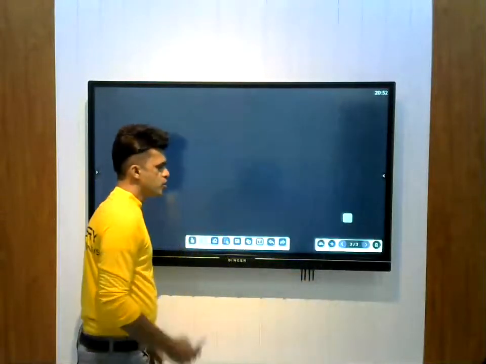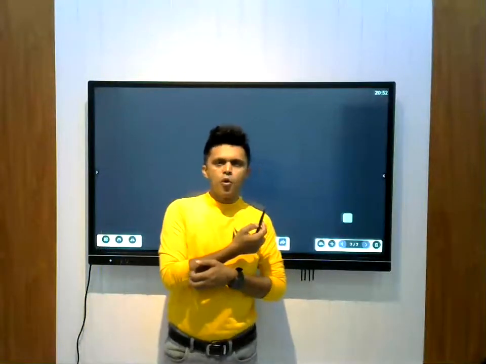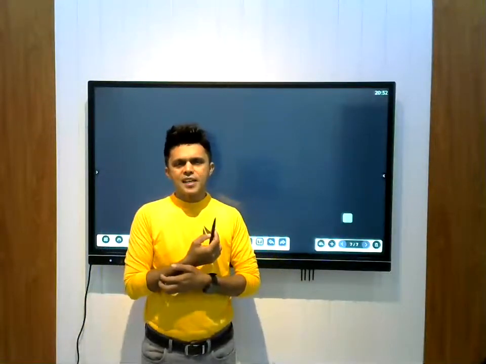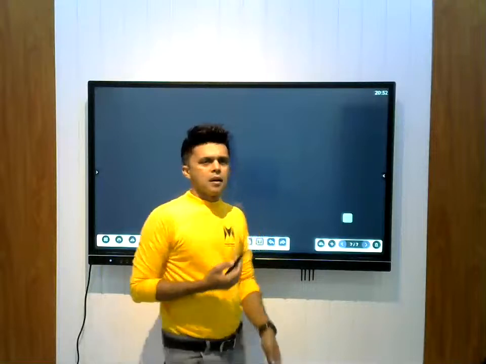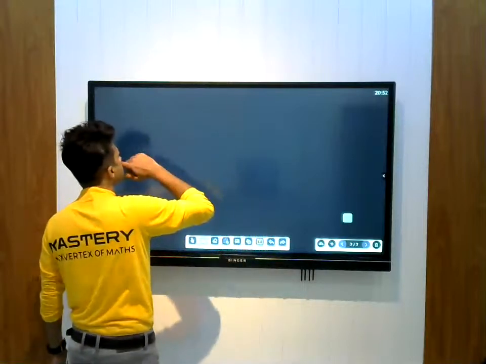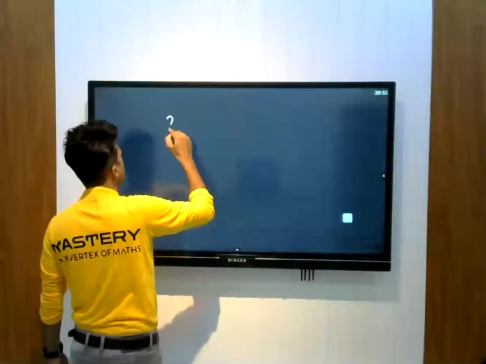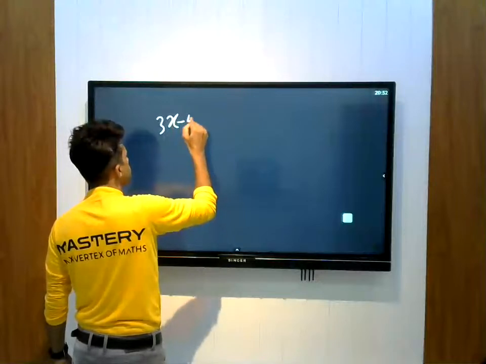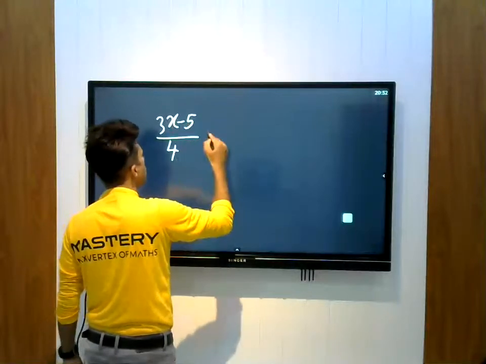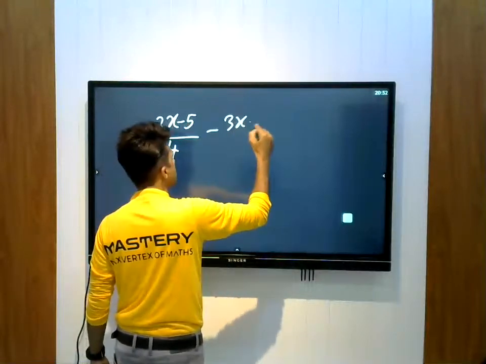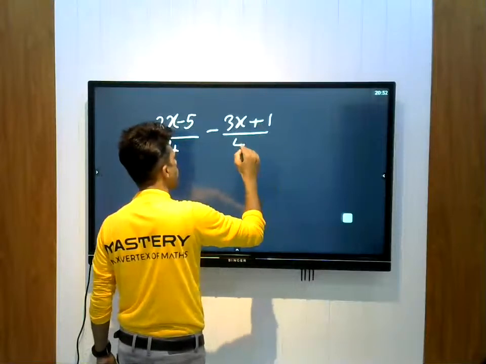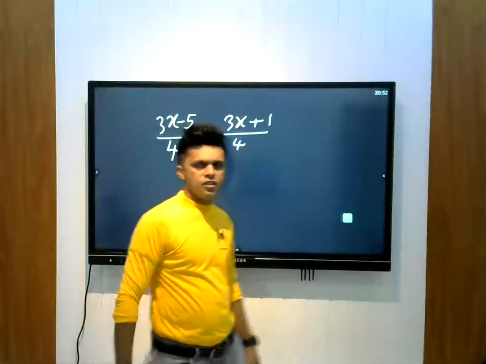Okay, we can do more expressions, more fractions, more algebraic expressions. 3x minus 5 over 4 minus 3x plus 1 over 4. How can you do this type of one?